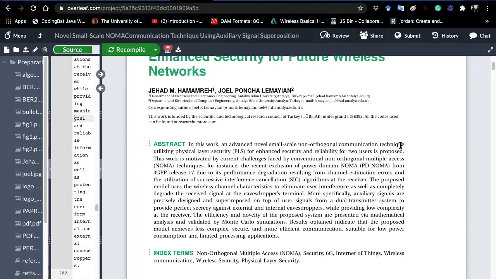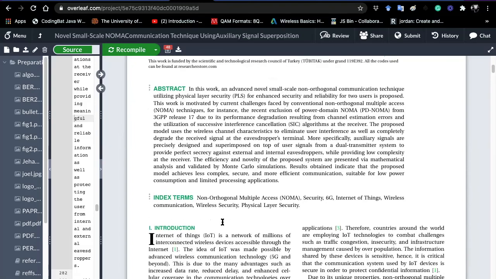You definitely need a section summarizing the results that you've obtained. We also have the index terms. These are quite important because it's easy to find your paper when you index a couple of terms associated with the main idea of your work.